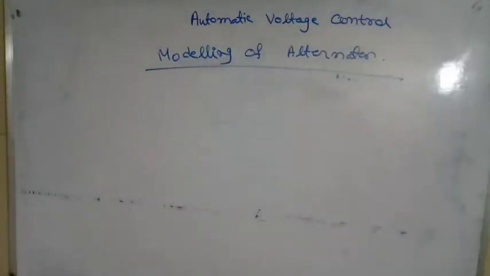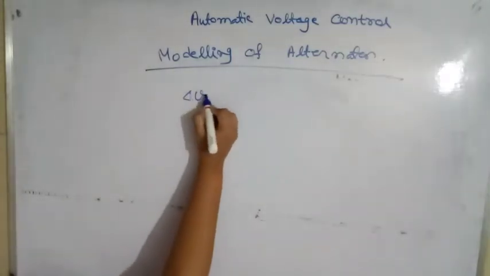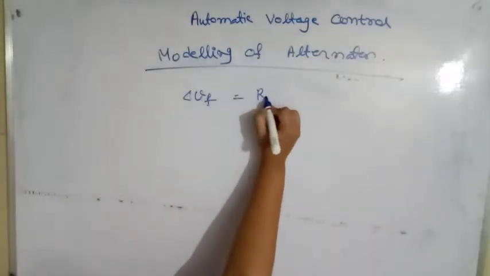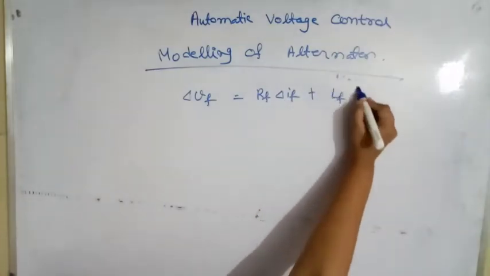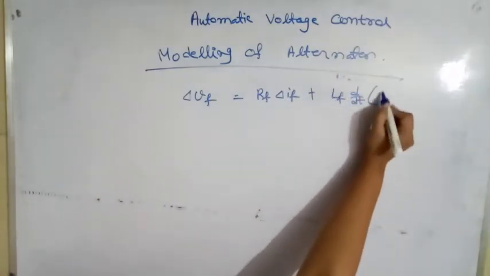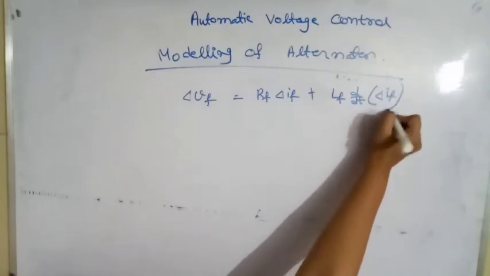Now, the alternator field equation at steady state is given by delta VF equals RF delta IF plus LF d/dt of delta IF.